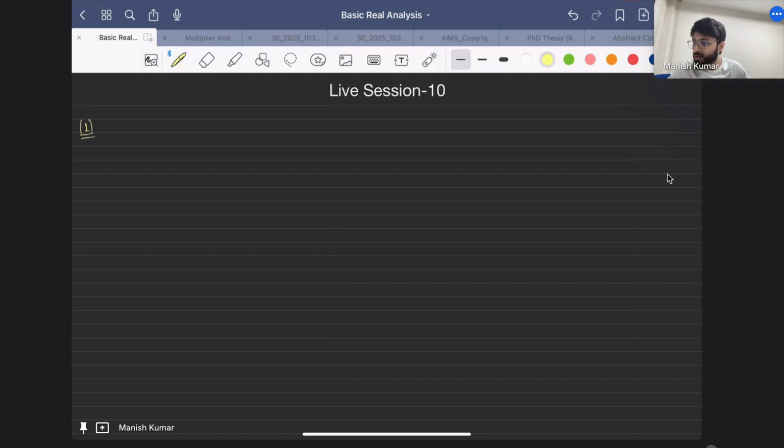Suppose you have been given a rectangle R. This is a rectangle with corners (1, 1), (1, 3), (2, 1), (2, 3).